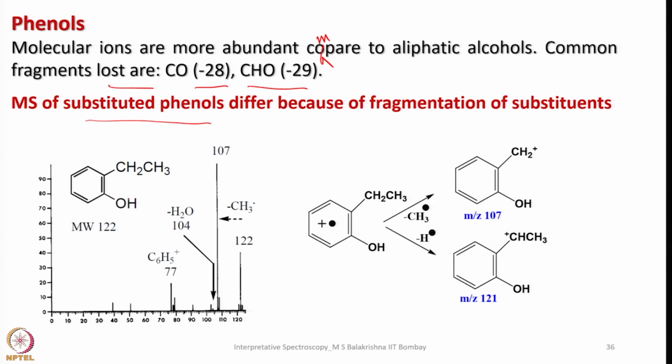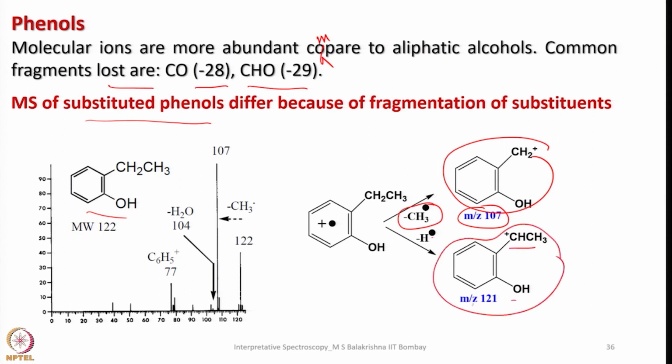For example, there are two possibilities here: a CH3 radical can come out and you generate a species of m/z 107, or a hydrogen radical can come out to form CH3OH and a species with m/z value of 121.